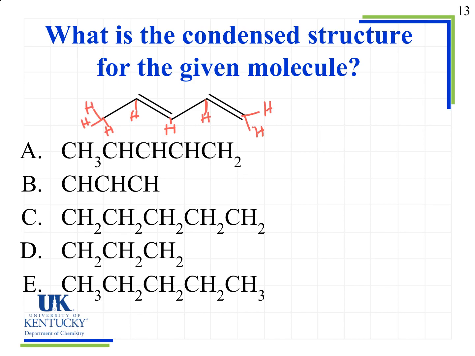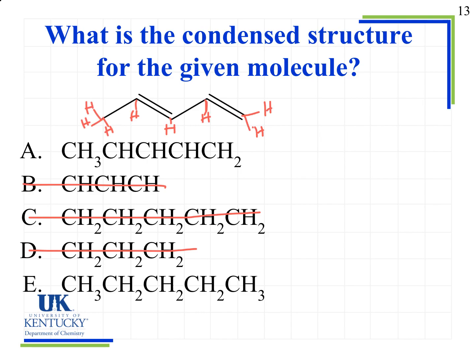So now we can go through our molecule. We can actually read off what the condensed formula will be. So we start with our first atom. We have CH3. So A is a possibility. B is not, because it doesn't start with CH3. Okay, neither does C nor D. So now we're down to A and E. When I look at the second carbon, I see it has 1 hydrogen attached.